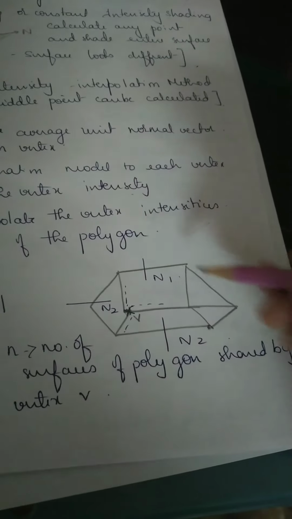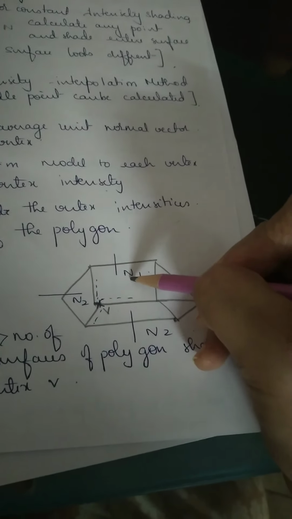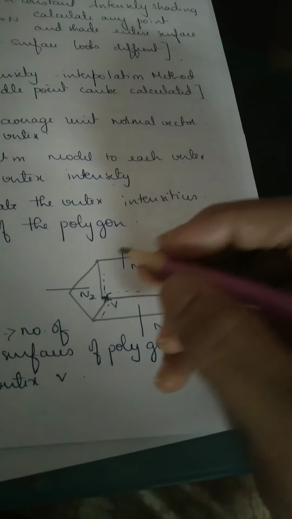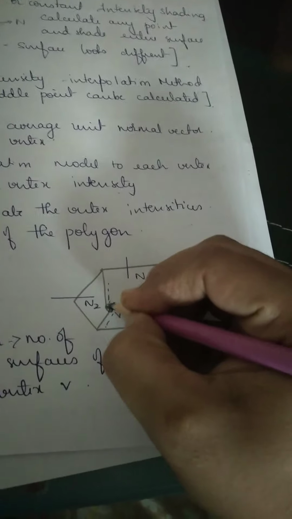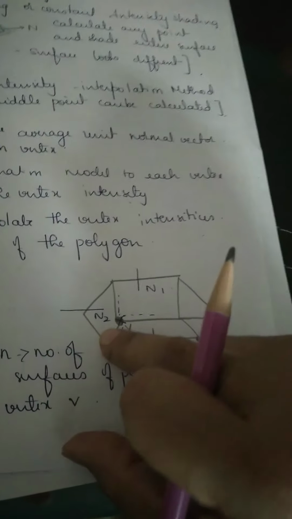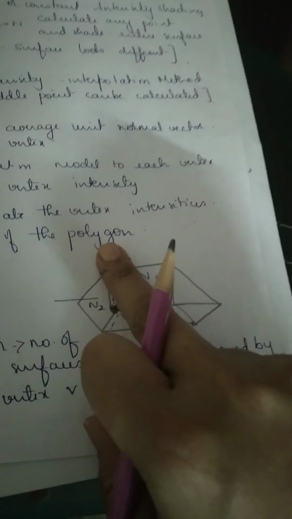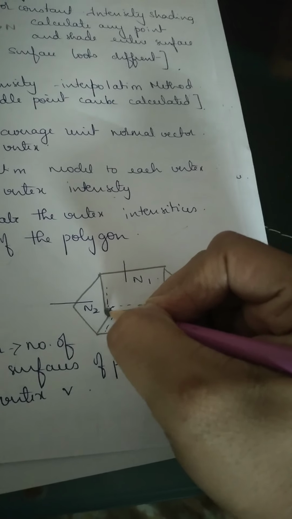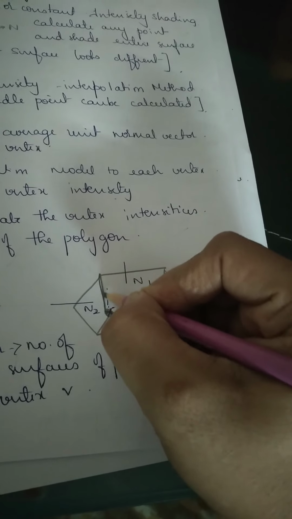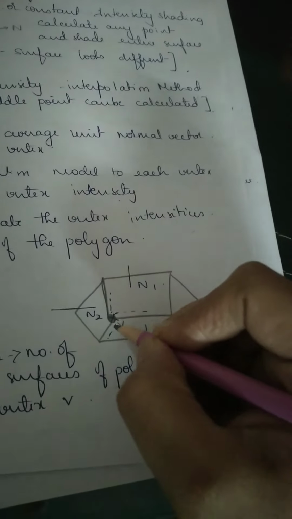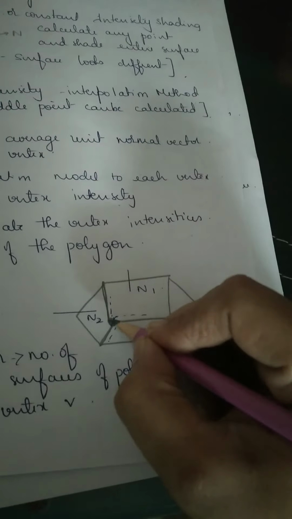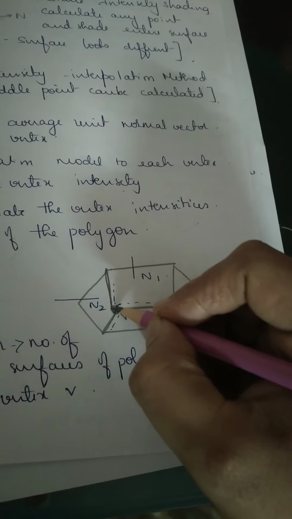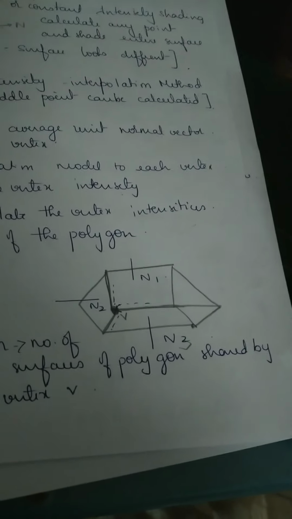Now, I'll take this as a polygon. This is the N1 surface, N2 surface and this is the N3 surface. Now I'll select one point and name it V. Here, this point is at this edge, and this is at this edge, and this is at this edge. So, the combination of these 3 edges creates one point.